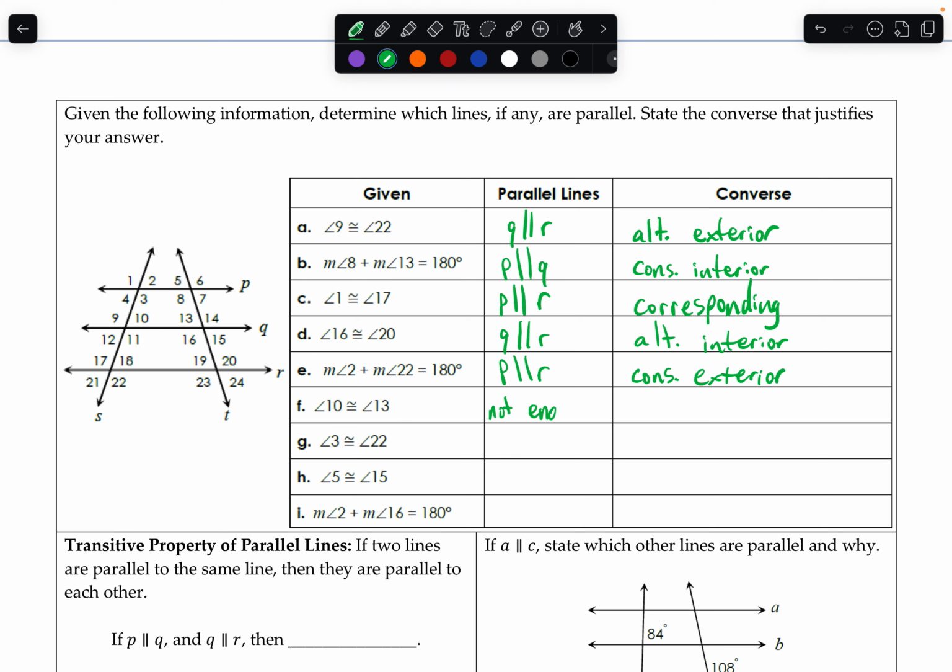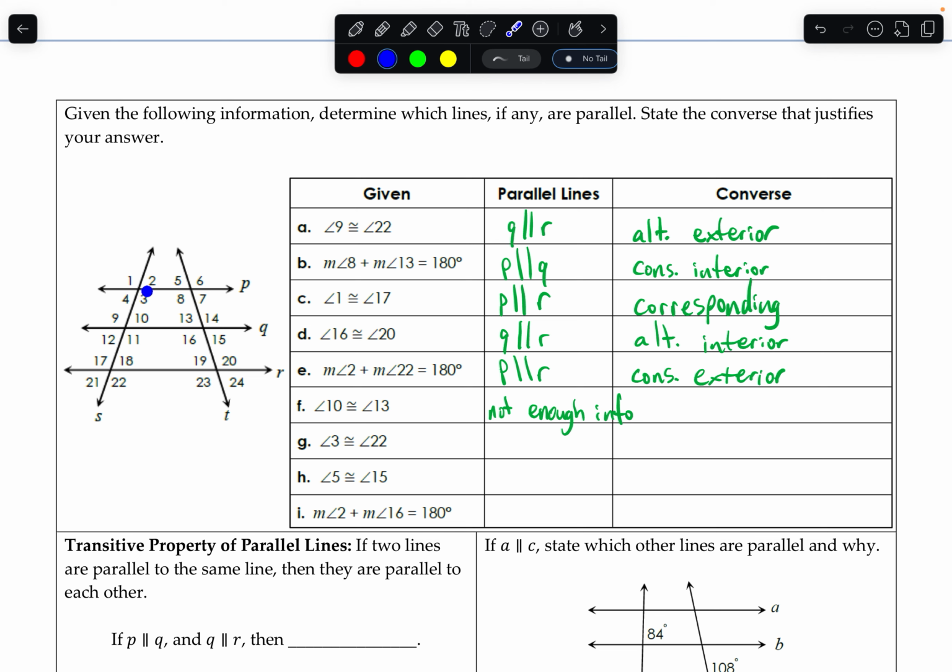There is a world where congruent angles, consecutive interior angles, are congruent, and that's only if both of them are 90 degrees. Now, looking at these, they don't look 90 degrees, but I don't want you to start judging things based on how they look. So we're just going to say there's not enough info and move on to the next one.